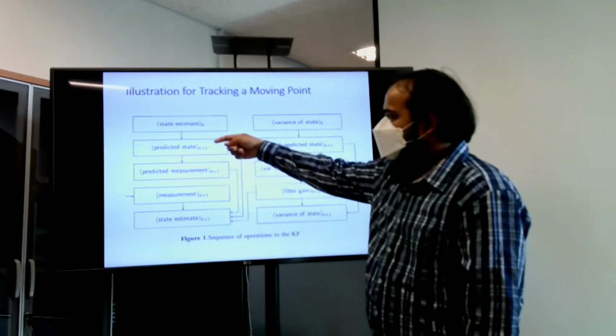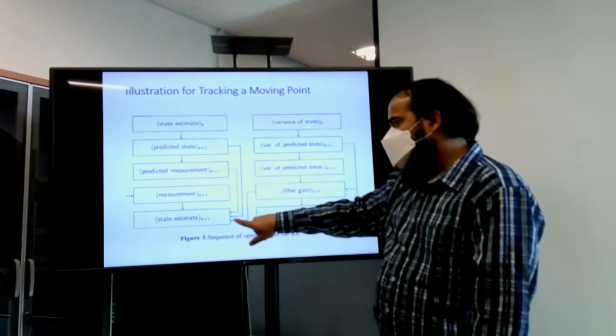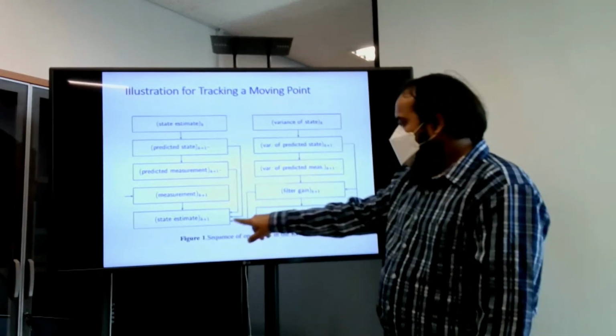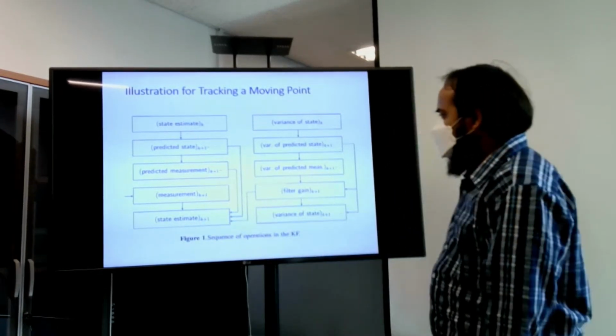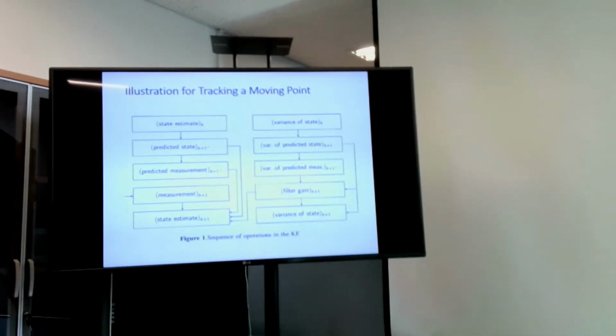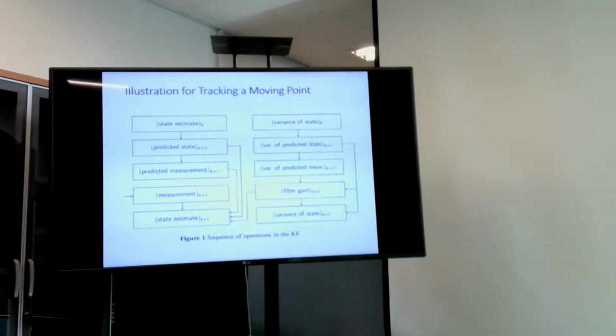The state prediction x mean and z mean will be used to calculate the new state estimate and the filter gain here. So this is the sequence of operations in the Kalman filter. Clear?